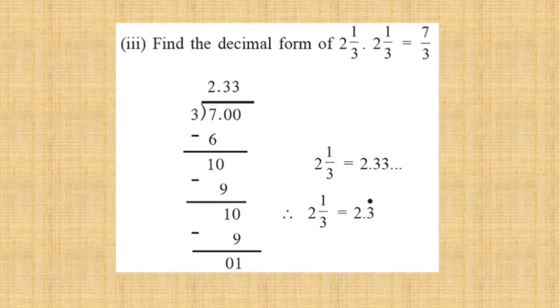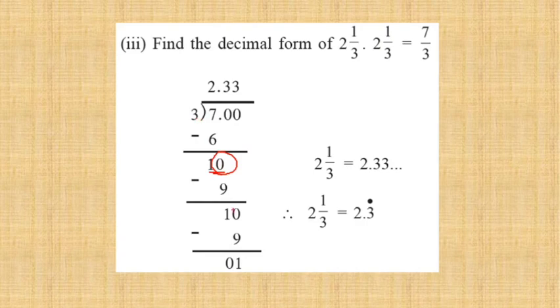It is easy now to divide 7 upon 3 and break it down into a decimal form. So, 7 upon 3, 7 is written in the form of dividend, 3 is written in the form of divisor. 3 twos are 6, remainder 1. Okay, then 0 is added to 1 will give you 10.